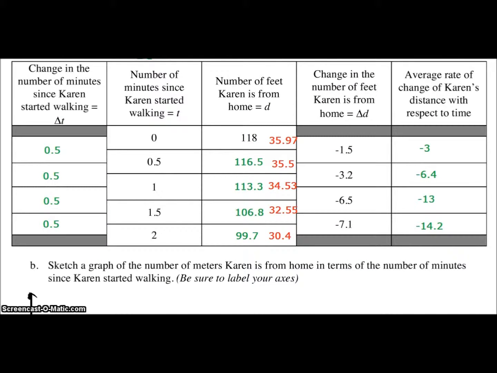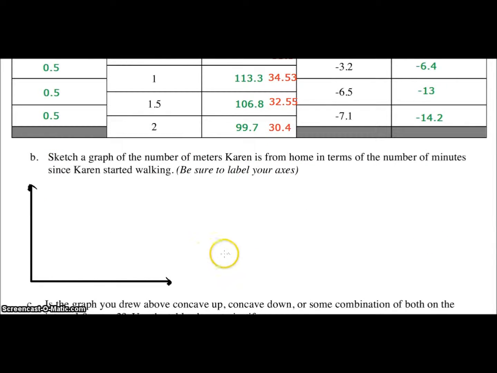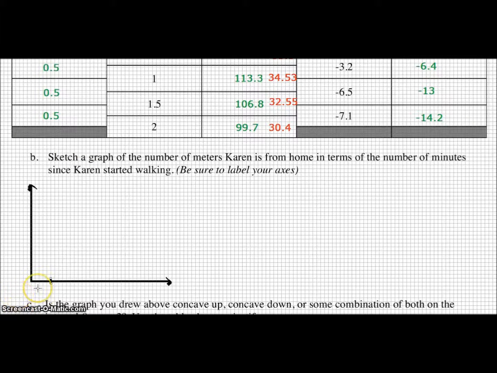Let's say we have 1, 2, 3, 4, 5 values from 0 to 2, so I need to have my scale just go up by 0.5. So here on my program I can turn on some grid lines, and then I'm going to make 1 unit or 0.5 units, 1, 2, 3, 4, 5 of these little grids.